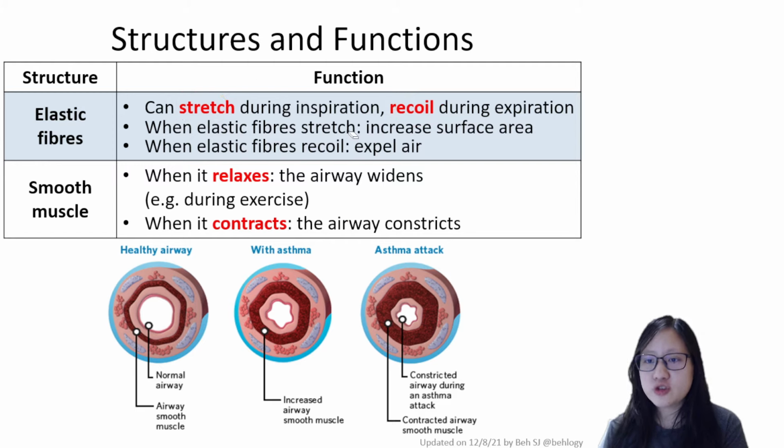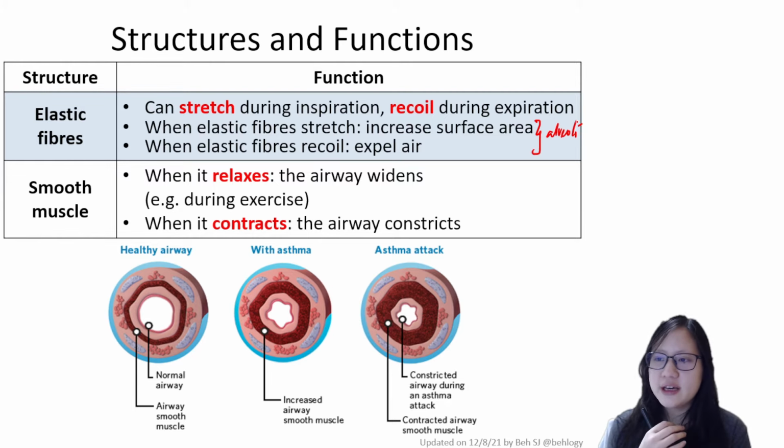When it stretches, it increases surface area, and when it recoils, it expels air. This is only applicable in the alveoli, not so much in the trachea, because in the trachea there's a C-shaped cartilage, which is quite rigid. So you don't expect a lot of leeway in movement there, but there will be more in the alveoli.